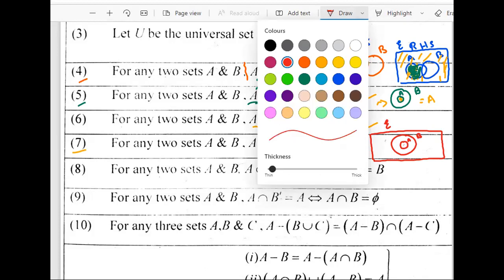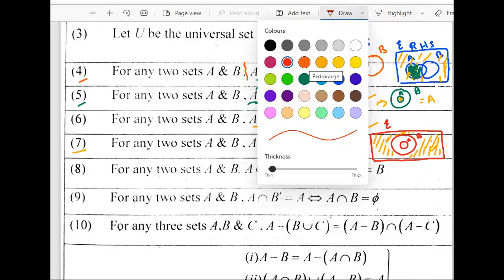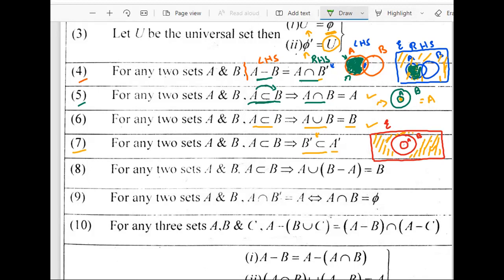Let's talk about B complement. B complement would be everything in the universal set except B. So B complement is the yellow region. And what is A complement? A complement would be everything except A. Let me use the green color.